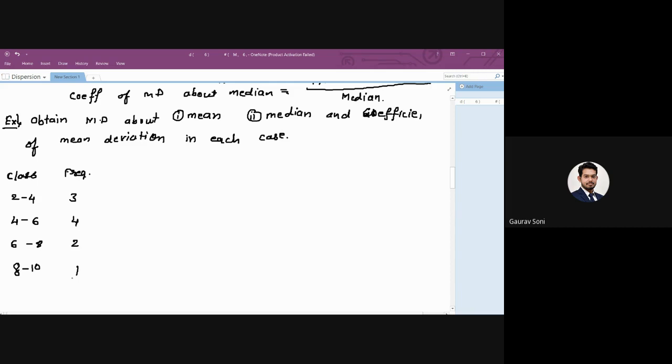Yes, tell me now. Which columns are needed? Class mark mainly. Class marks, xi.